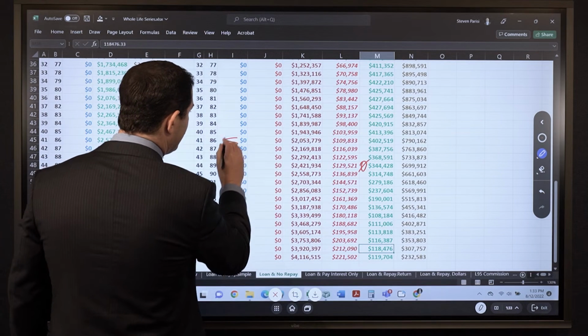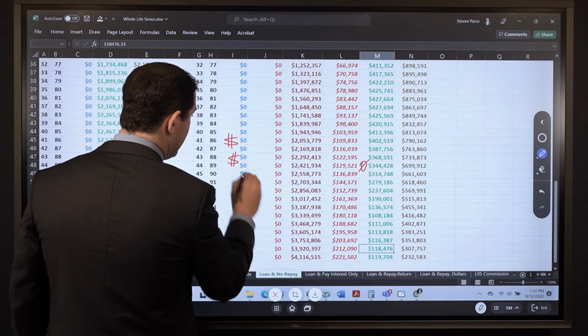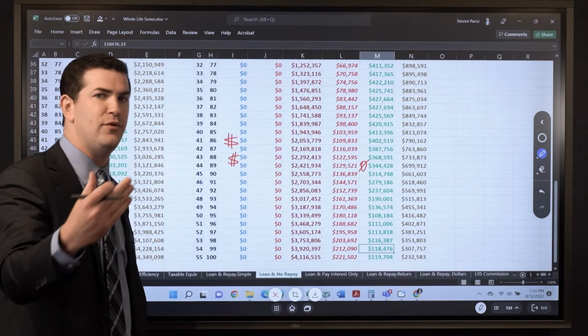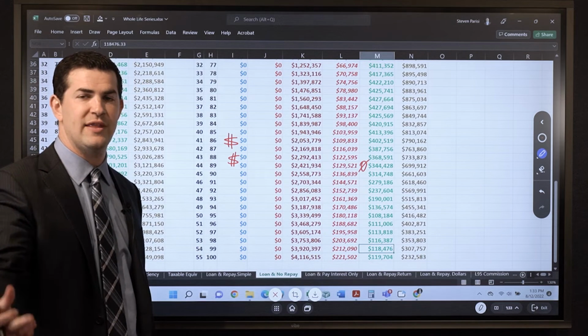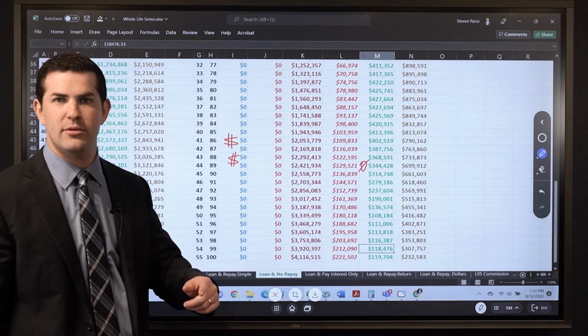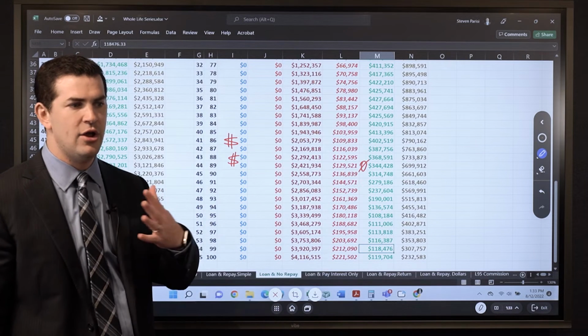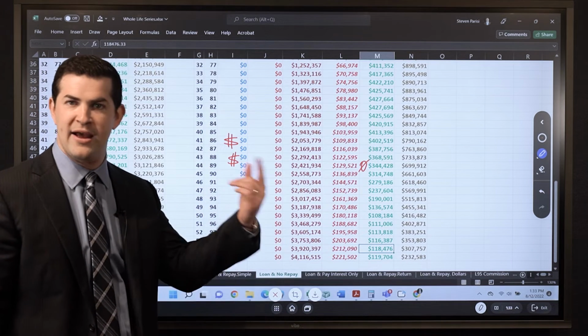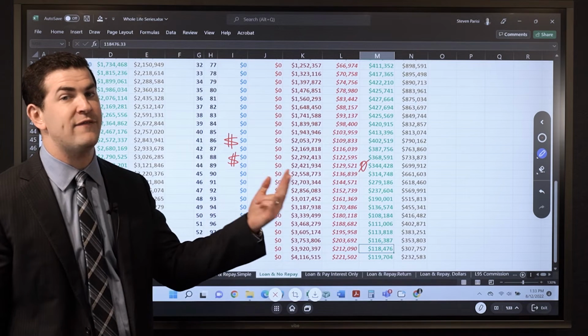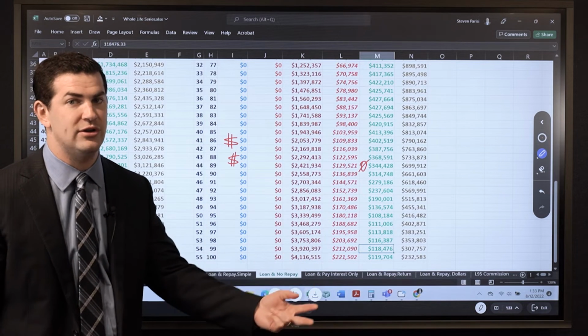What'll happen is the policy will call for more money, and this money is out of pocket from you, the policyholder. If the policy is still payable, say it's a whole life 100 contract and we have not done a reduced paid up, A, I'll have to pay premium, or B, I will have to pay the loan interest or some of the loan interest.